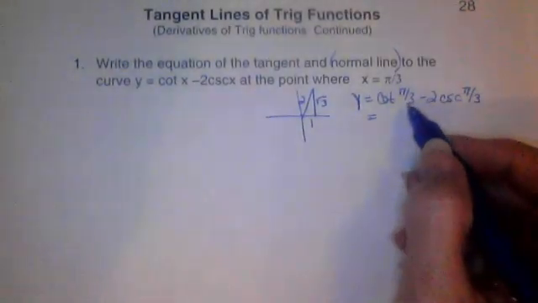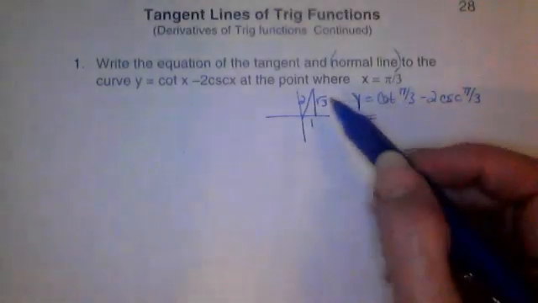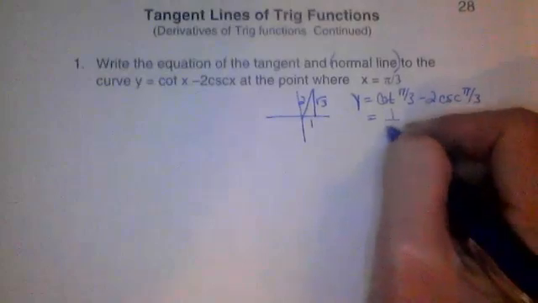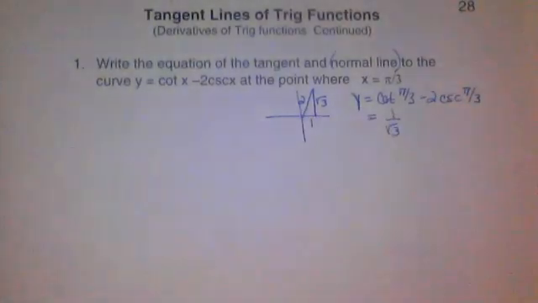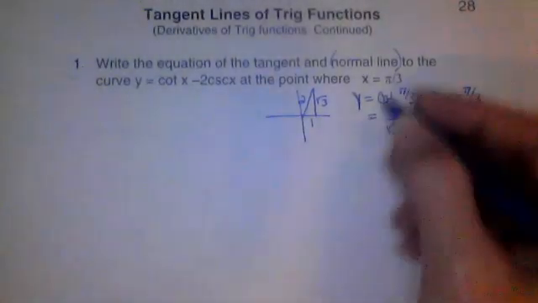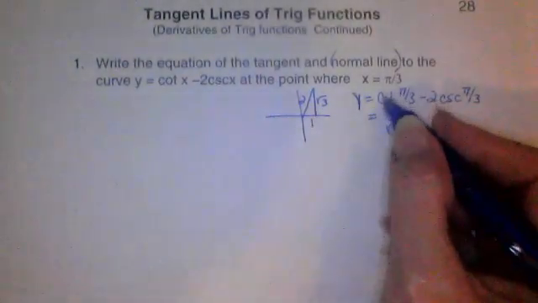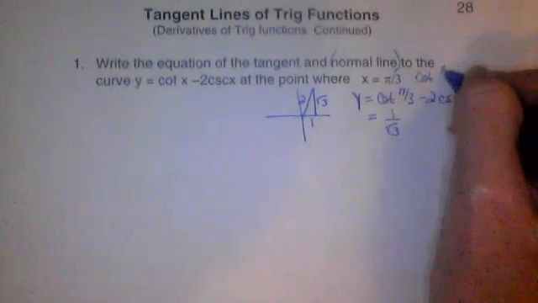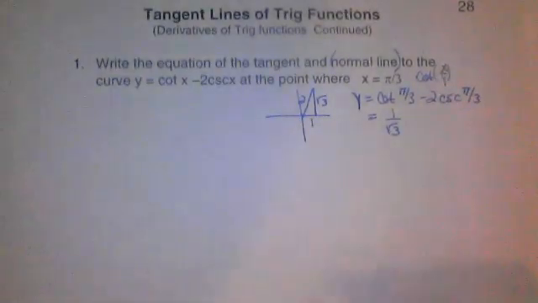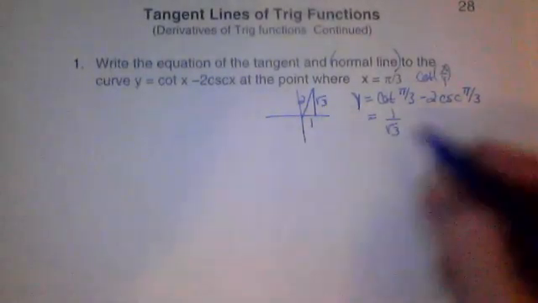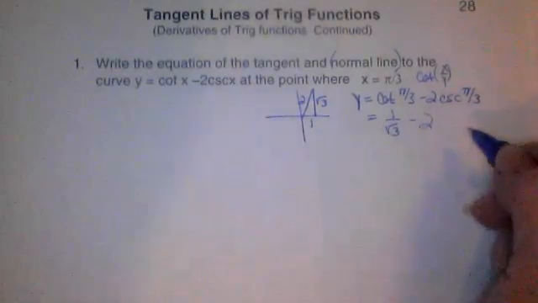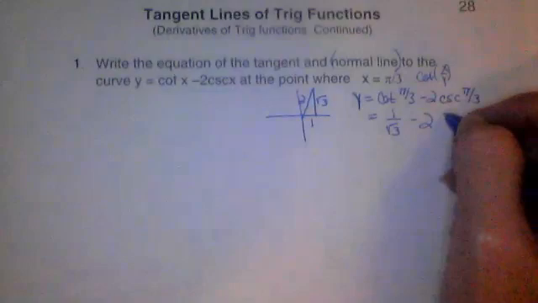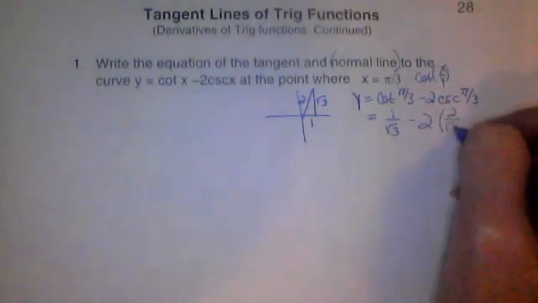Cotangent of pi thirds. Cotangent would be 1 over square root of 3. Remember, cotangent is x over y. Remember our ratios. So x over y, 1 over square root of 3, minus 2 times, and then we have our cosecant, which is going to be 2 over the square root of 3.